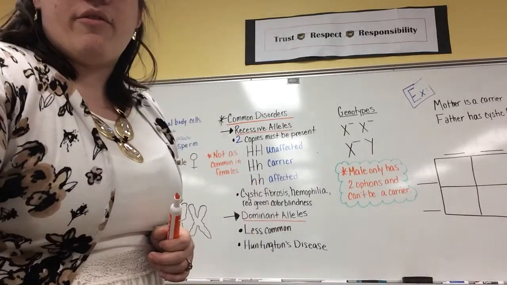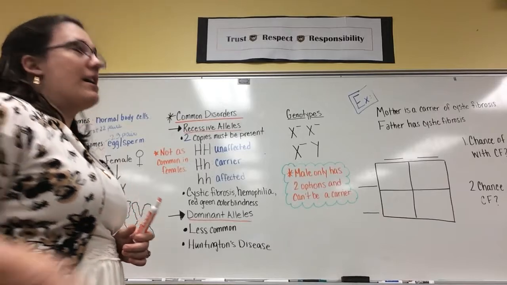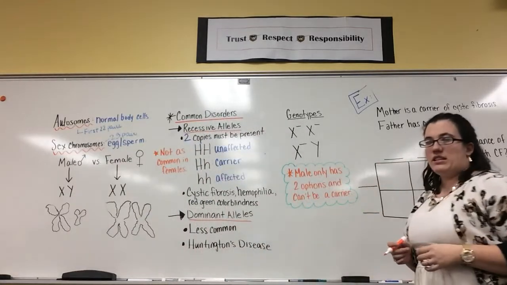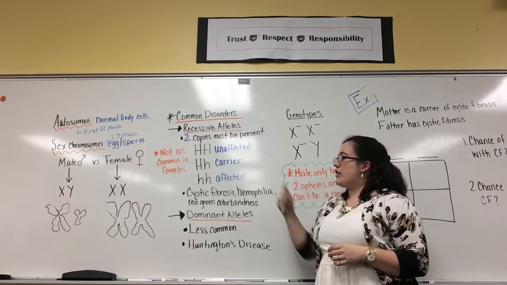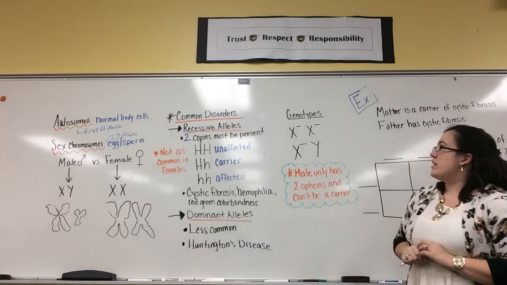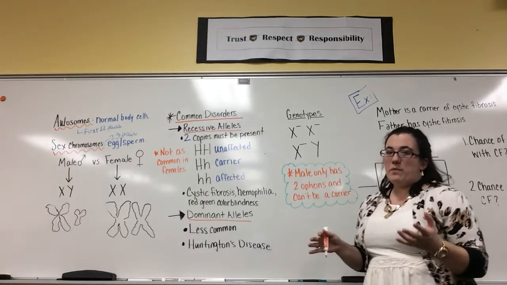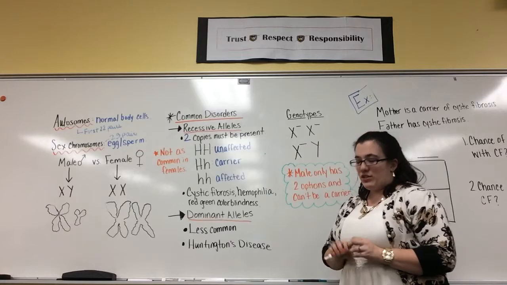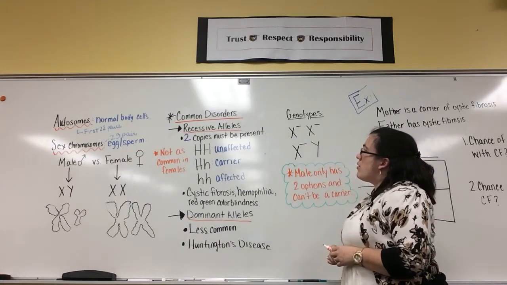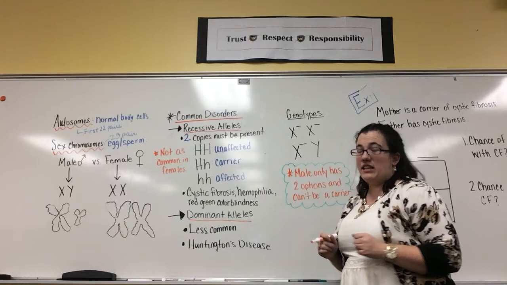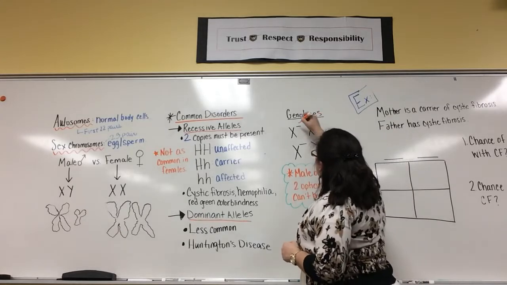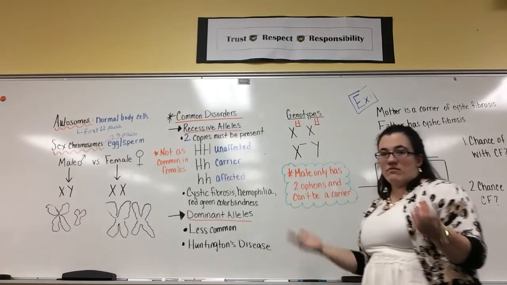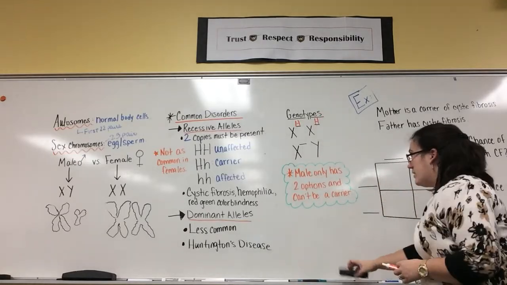So if we go over here and look at our genotypes, like I said, the females have 3 options. They can be unaffected, a carrier, or affected. The way that we write the genotypes with X-linked disorders is that we write them as superscripts. So, for example, a female that is unaffected, her genotype would be X big H, X big H. So that's one possibility.